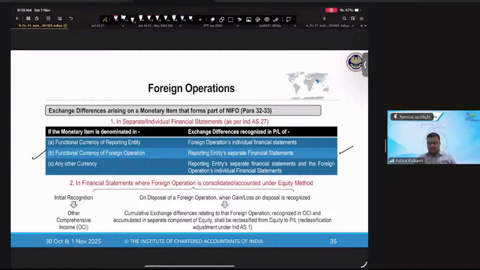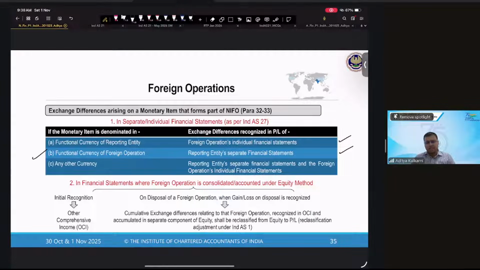If the monetary item is denominated in the functional currency of the foreign operation, the exchange difference will come in the reporting entity's separate financials. If it is denominated in the functional currency of the reporting entity, suppose I gave a 5,000 rupee loan, then the foreign operation would convert it into US dollars, and the exchange differences would go in the foreign operation's individual financial statements.